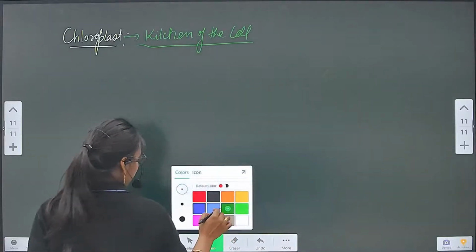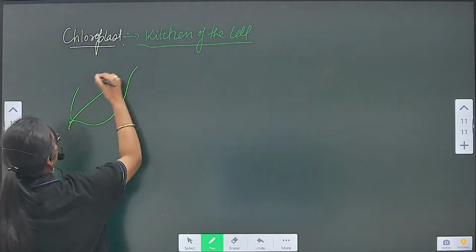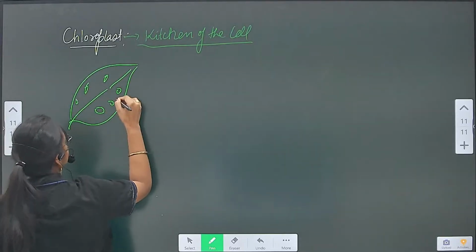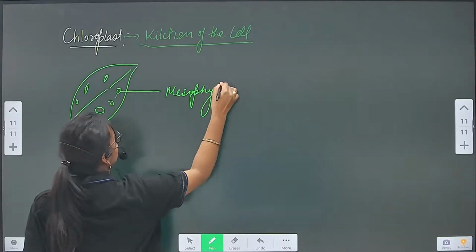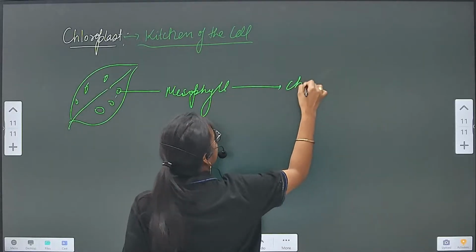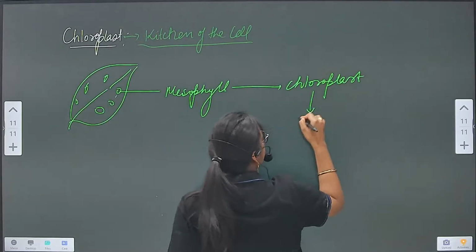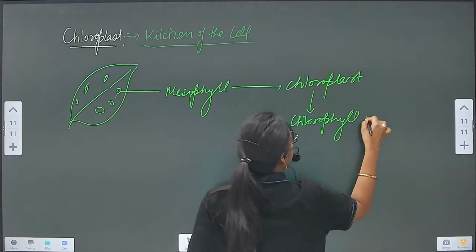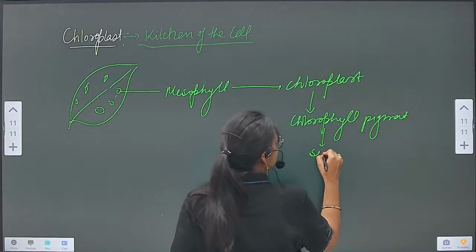Let us draw once again. If this is the leaf, then it has special cells called mesophyll, which consist of the chloroplast, and that chloroplast consists of chlorophyll pigment, which captures sunlight.